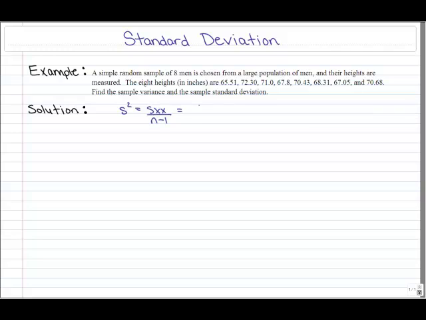The sum of squares formula is the sum from i equals 1 to n, in this case n is 8, of the squared values, minus the sum from i equals 1 to n of all your values, squared after you add them, divided by n. Then we divide all of this by n minus 1, and that gives us our sample variance.